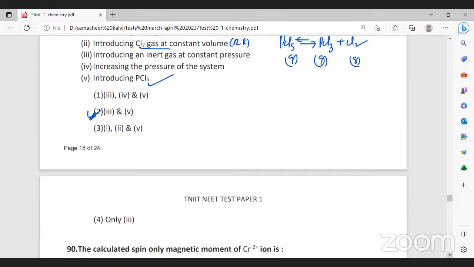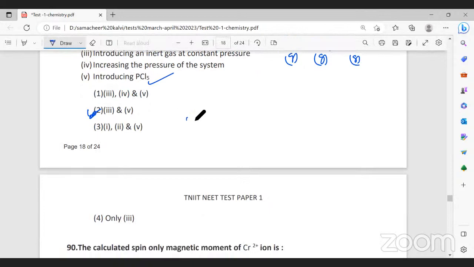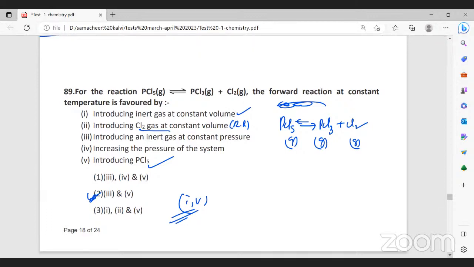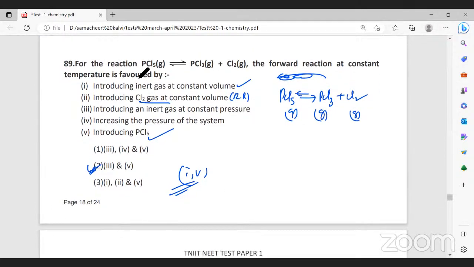Let's see, is there any option? It should be option 1 and 5. It is not 3. This is the right answer: introducing PCl5 and introducing inert gas at constant volume.